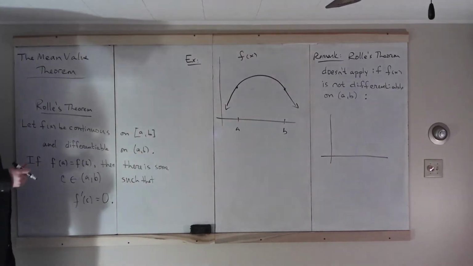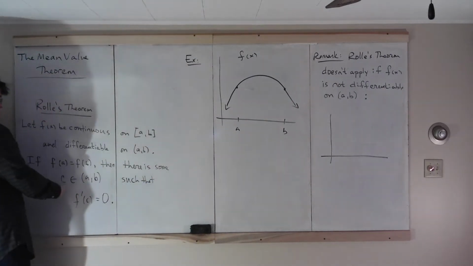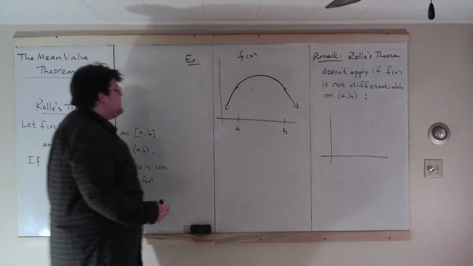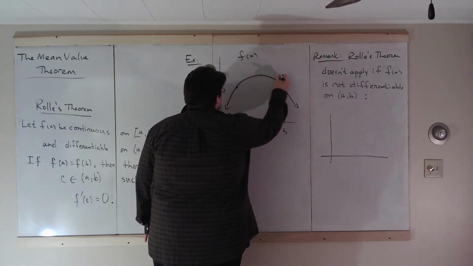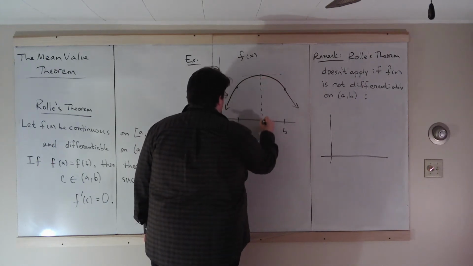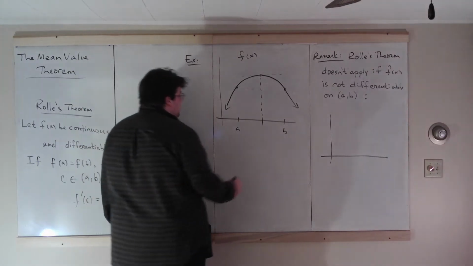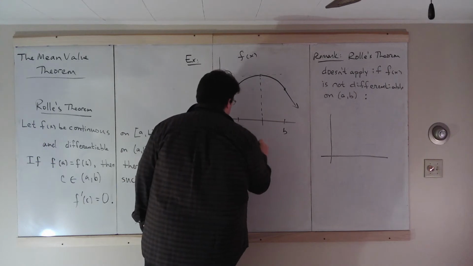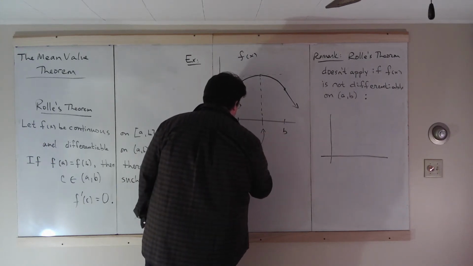Right here, we have a function which satisfies the three assumptions of Rolle's theorem. So since it does satisfy those assumptions, then there must be some c value between a and b where the derivative is 0. Well, where would that be? Where is a horizontal tangent? At that c value, the tangent line is horizontal. In this case, there's 1.